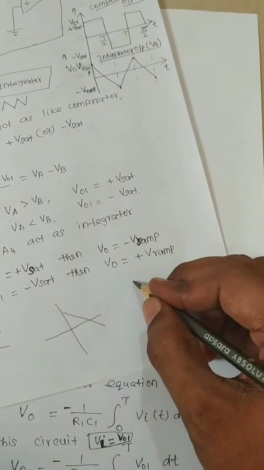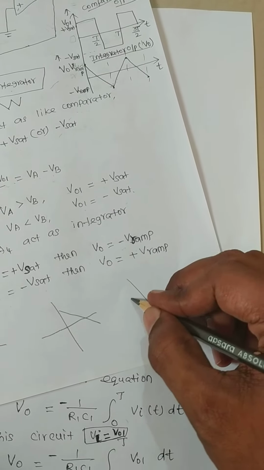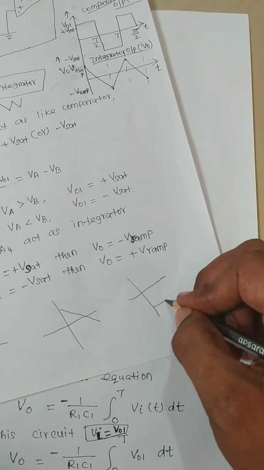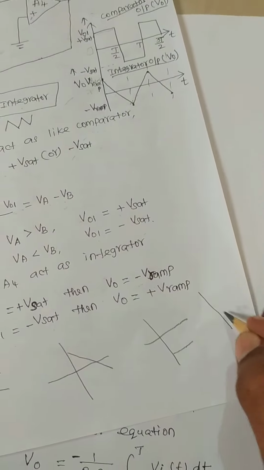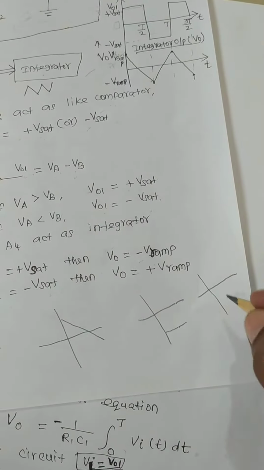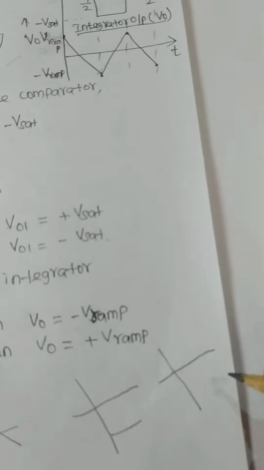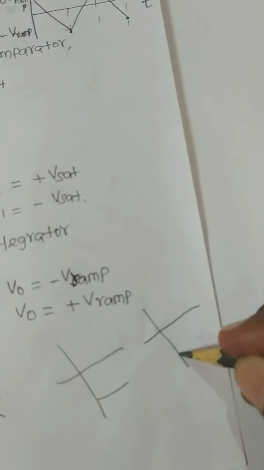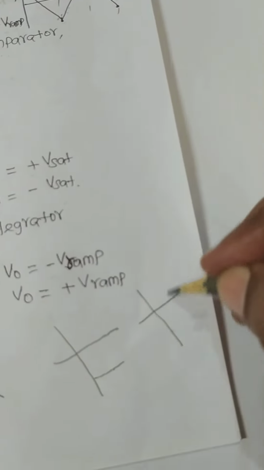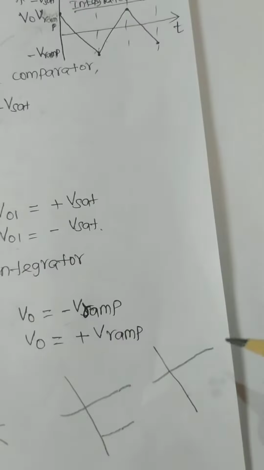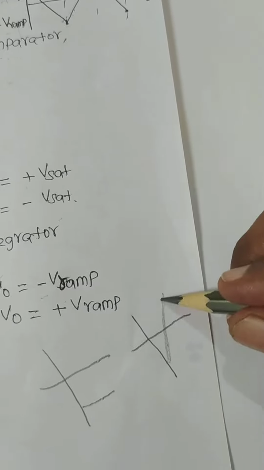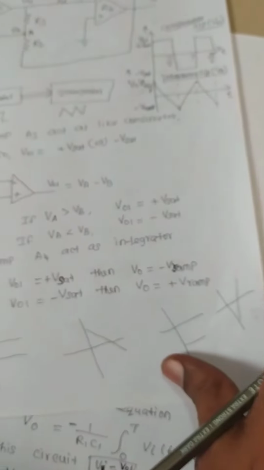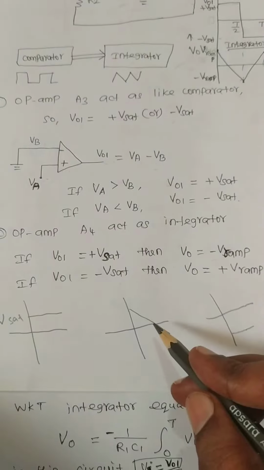Suppose I apply minus Vsat, then you will get plus Vramp. So based on the comparator output, it generates the integrator output.